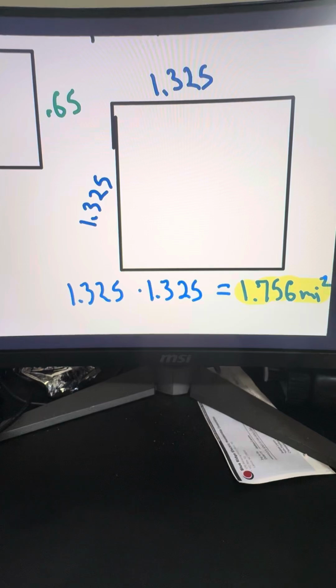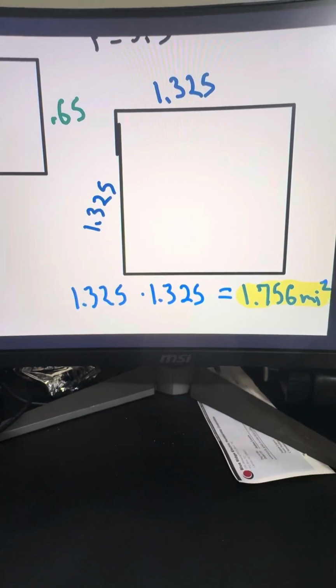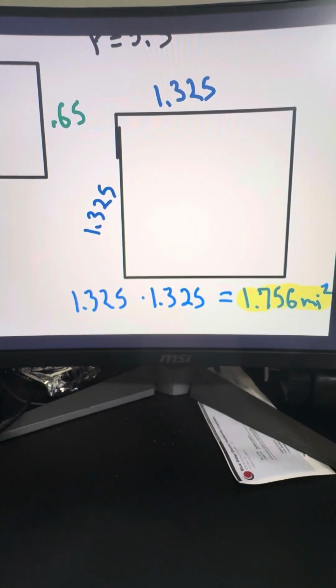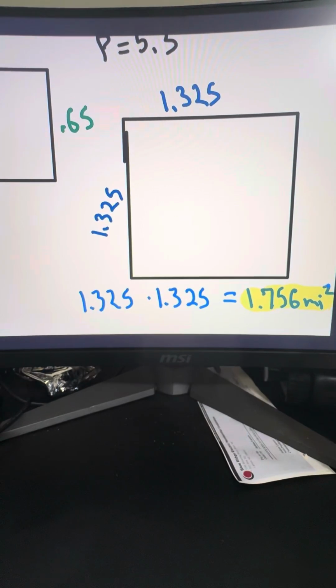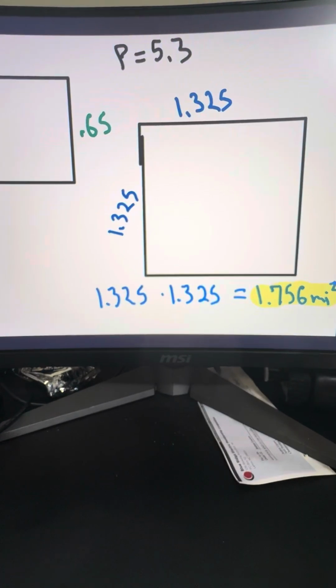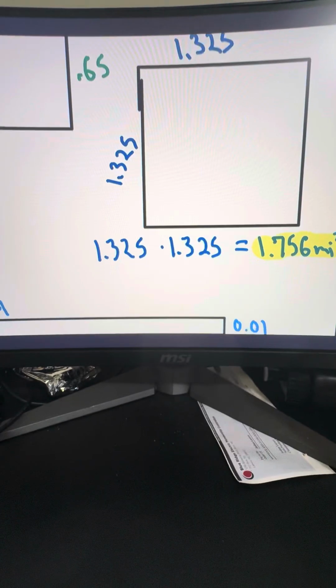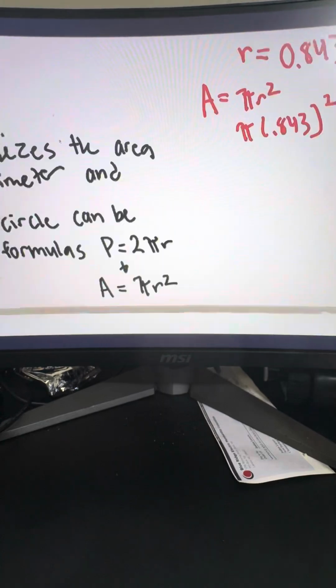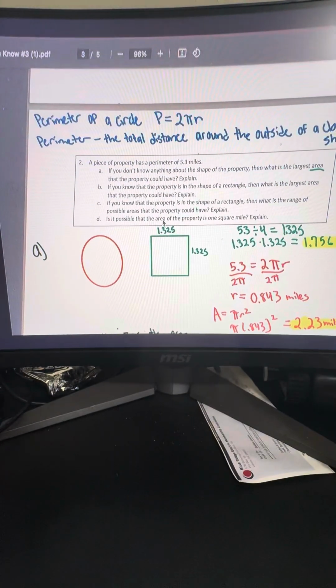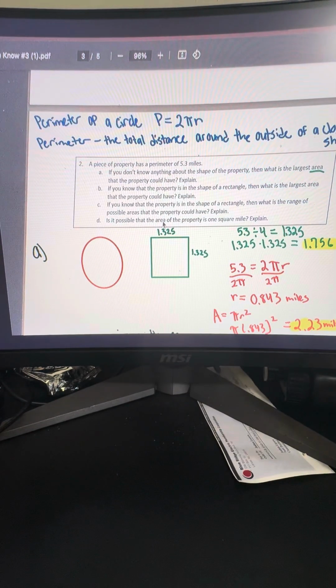So kind of what we did back in part A, we knew the side length of our square because we already have the perimeter and we know that all the sides are equal. So to find this area, we just multiplied the side lengths again to find 1.756 miles squared as the largest area, given that the property is a rectangle.